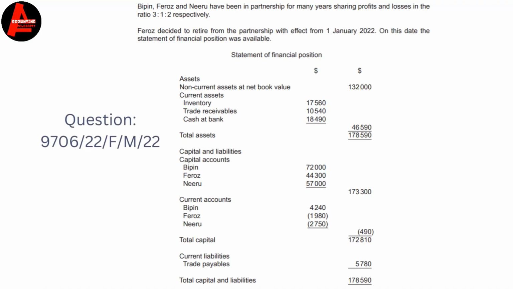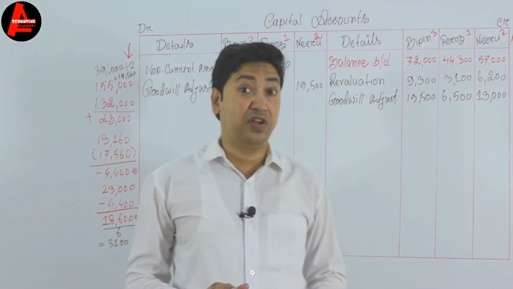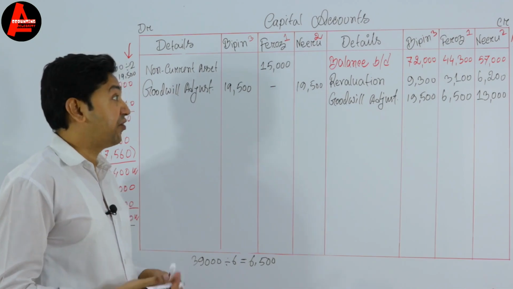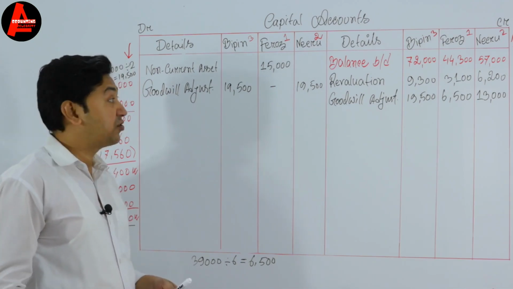Now we have one more balance on the question. Here we have the current account balance. Bipin is $240, Firoz $1,980, and Niro is $27,050. All this amount will not come here, as Firoz is leaving the business. So Firoz's current account balance will come here.